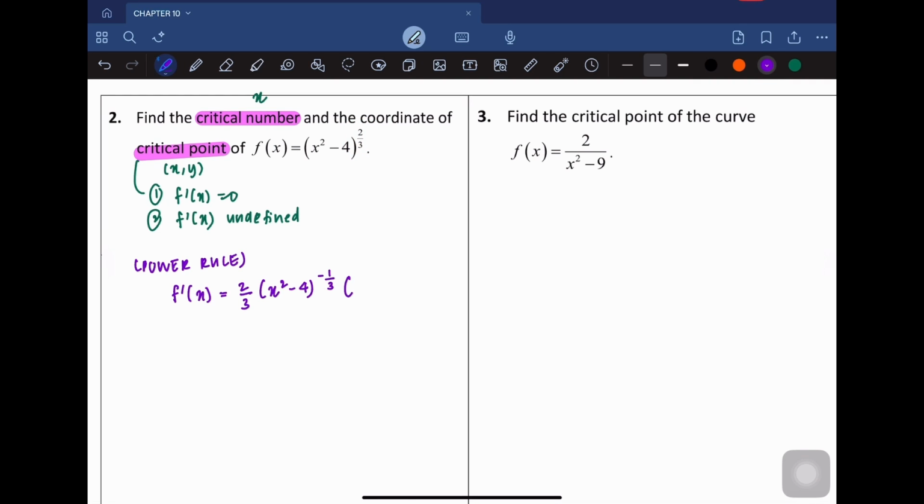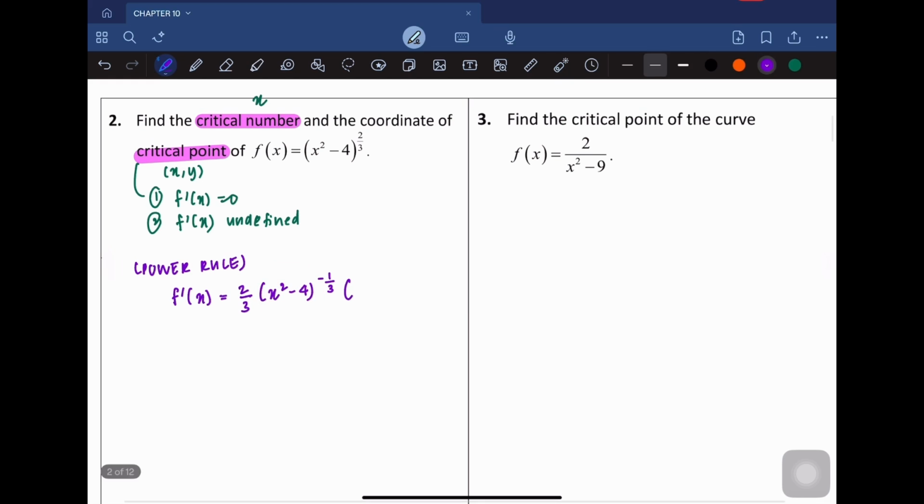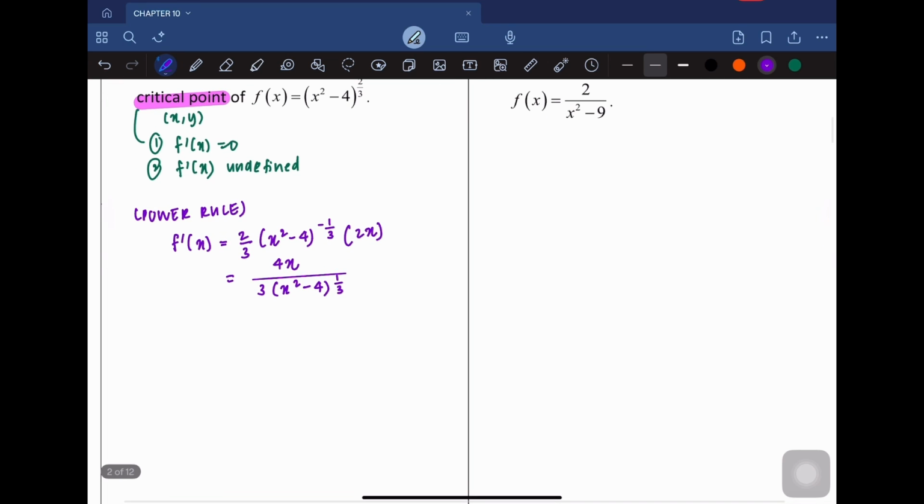And lastly we differentiate the inside, so differentiating the inside we have 2x. Let's tidy it up, so we can combine this into 4x over 3, and this one I bring down, it becomes x square minus 4 to the power of 1 over 3.